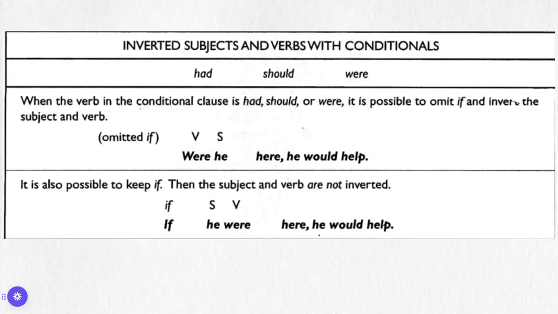It is also possible to use if, which is something that we are more used to doing. And we would normally say, if he were here, he would help. Okay? Both are correct. And we need to have in mind that the first sentence is possible and it is correct as well.